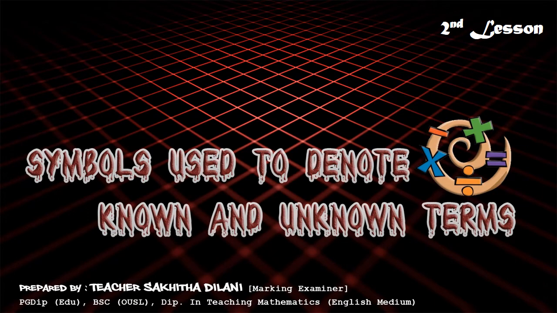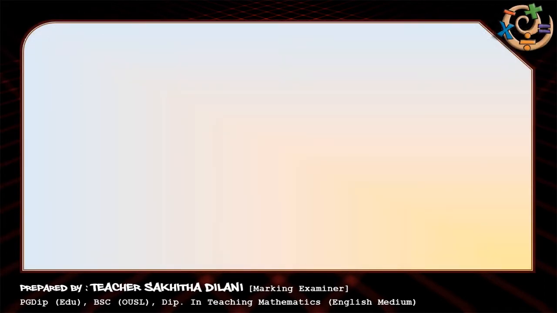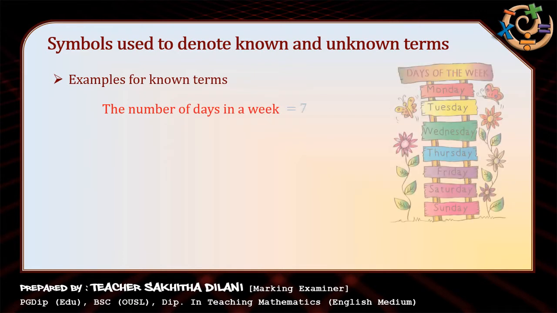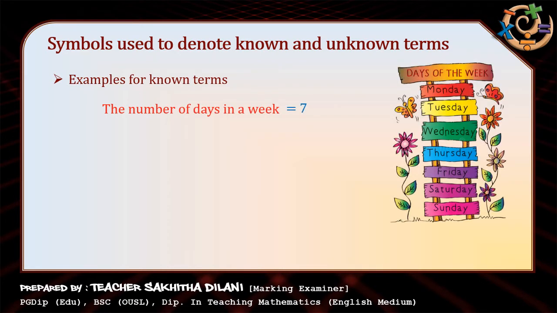The second lesson, symbols used to denote known and unknown terms. Examples for known terms. I am going to ask you a few questions. How many days are there in a week? There are 7 days in a week.